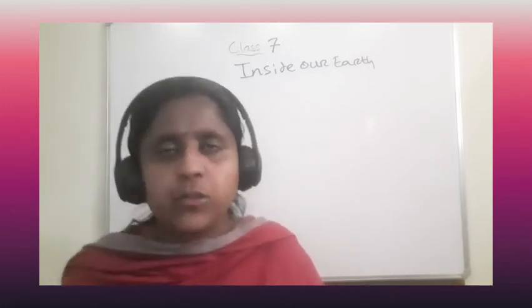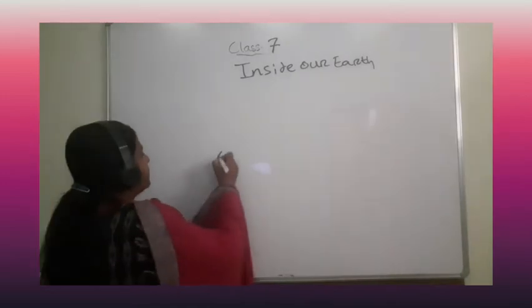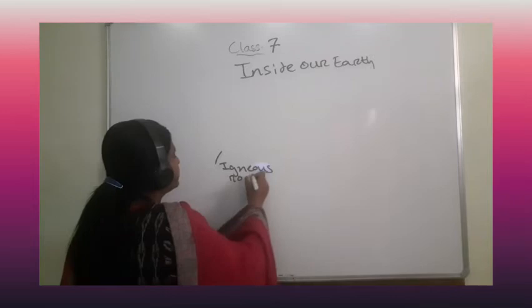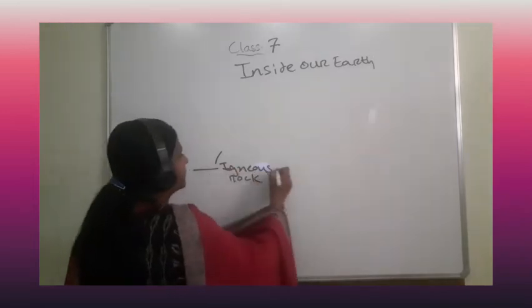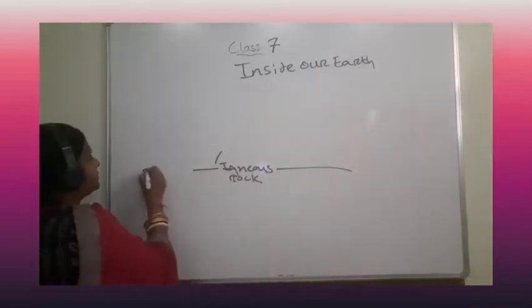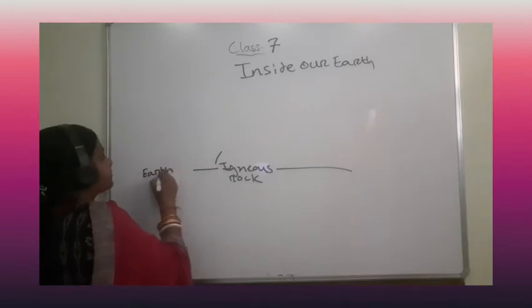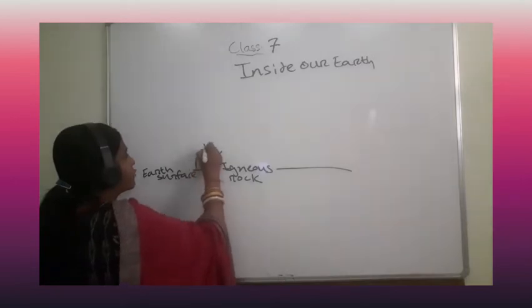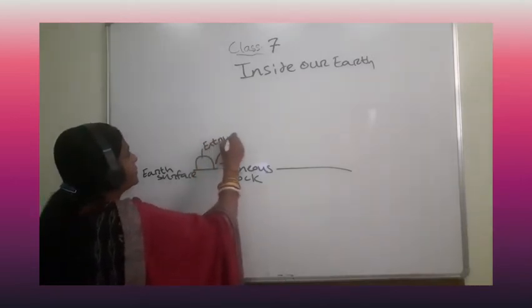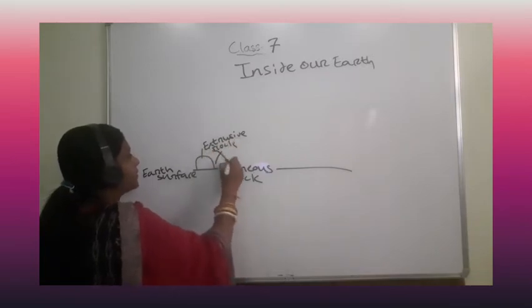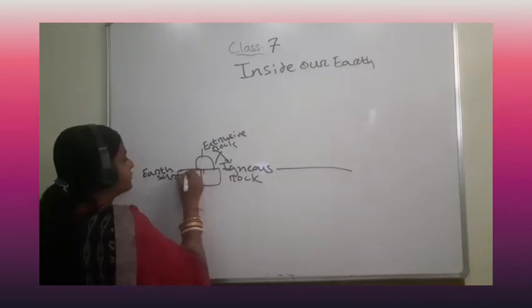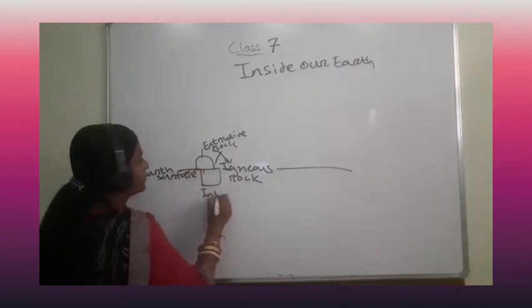Let me explain the cycle of igneous rock. See, igneous rock. There are two types. This is the earth surface. This is extrusive igneous rock. This is intrusive igneous rock.